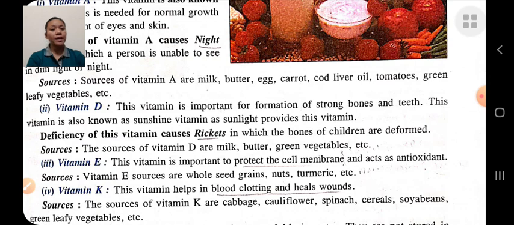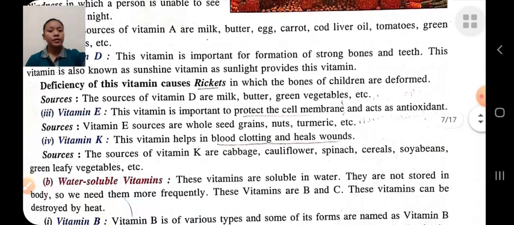Deficiency of vitamin D causes rickets, in which the bones of children are deformed, and sources of vitamin D are milk, butter, green vegetables. Mainly we get vitamin D from the sunlight. If there is deficiency of vitamin D, it causes rickets.